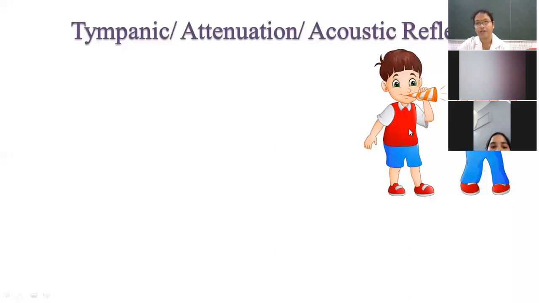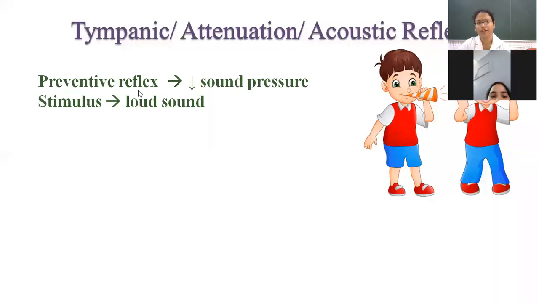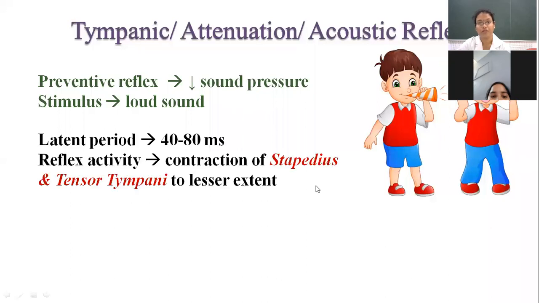So whenever we get exposed to loud sound, this reflex comes into the picture. Actually, the acoustic reflex or attenuation reflex is a protective reflex, or we can also say it is a preventive reflex, because by this reflex we reduce the sound pressure which is exerted on the oval window. And the stimulus for this reflex is loud sound.